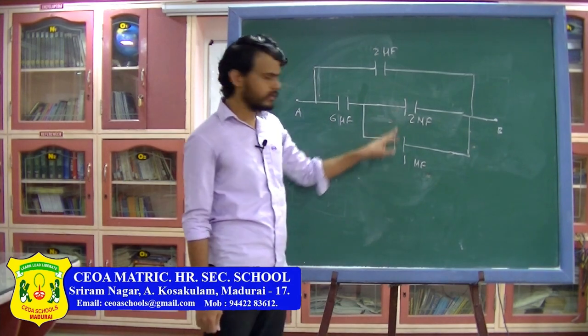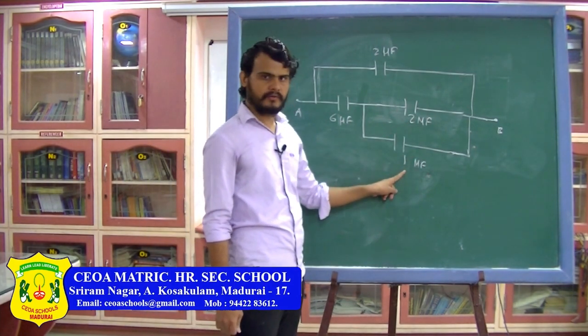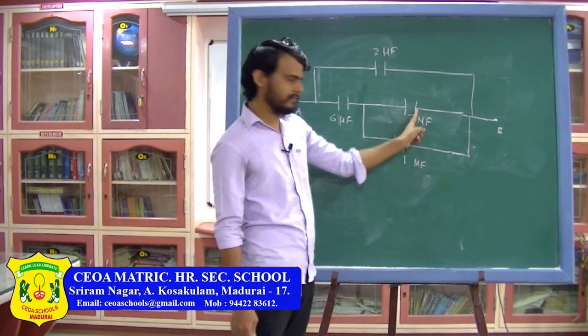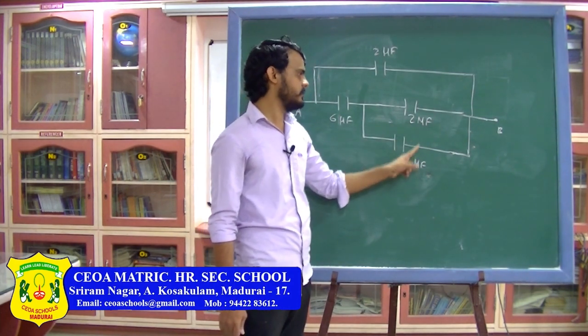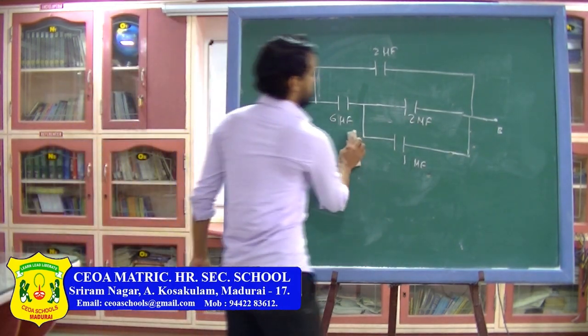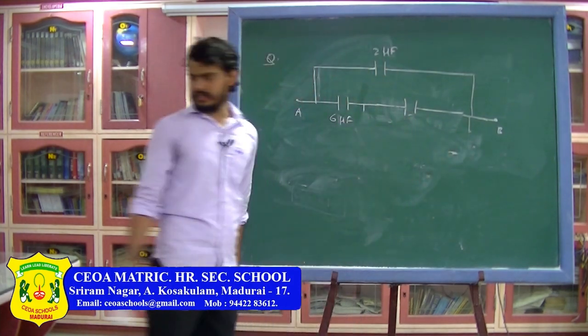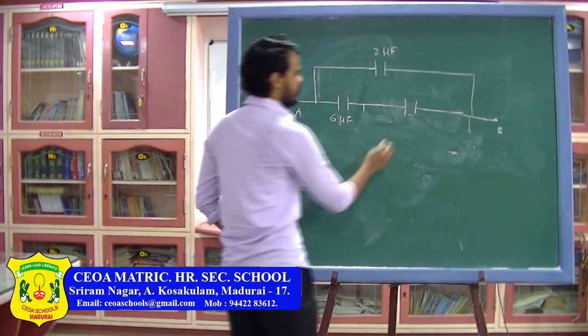So the combination of these two can be written as 3 microfarad. So I can replace these two capacitors with one single capacitor whose capacity is 3 microfarad.